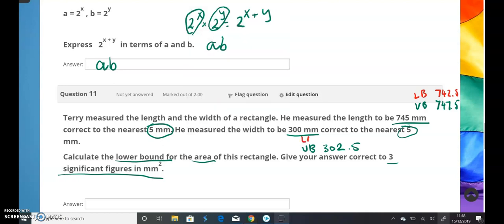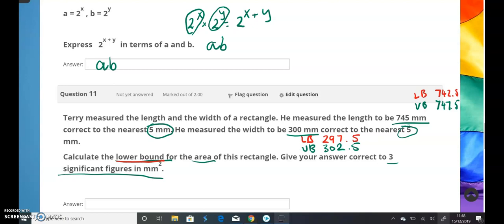So lower bound for 300 to the nearest 5 will be 297.5. Now, since the question is about the lower bound, we're going to pick the lower bounds of the two numbers, because multiplying the lower bounds will give us the lower bound of the area.